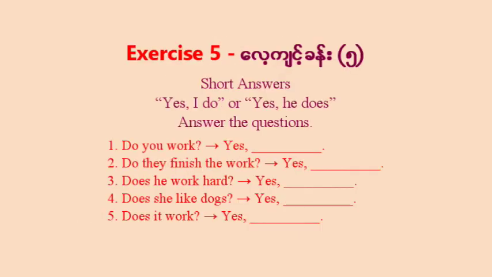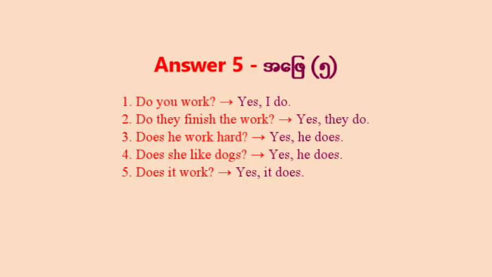Exercise 5. Short answers, yes, I do, or yes, he does. Answer the questions. Answer 5. 1. Do you work? Yes, I do. 2. Do they finish the work? Yes, they do. 3.